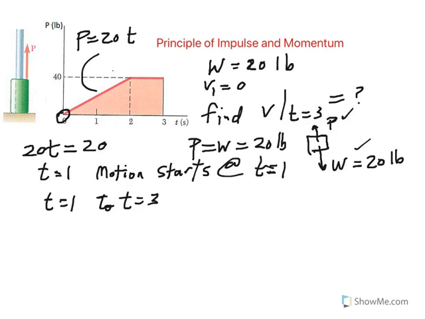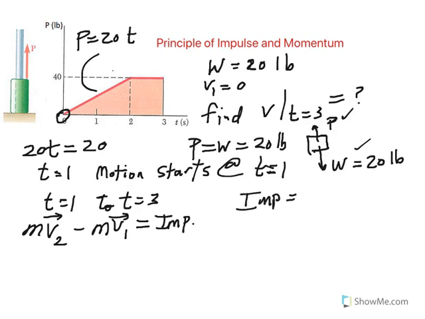The principle of impulse and momentum says the change in linear momentum, mv2 minus mv1 as a vector, is equal to the impulse. Impulse is defined as the integral of a force with respect to time, and of course if the force is constant, that just becomes F times delta t. If you write this equation in the direction of motion, which is vertical, taking up as positive, the initial velocity is equal to 0.